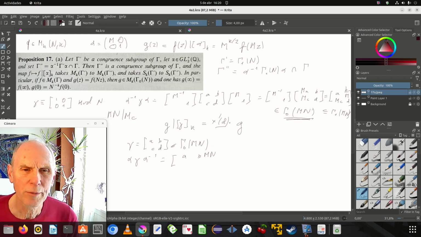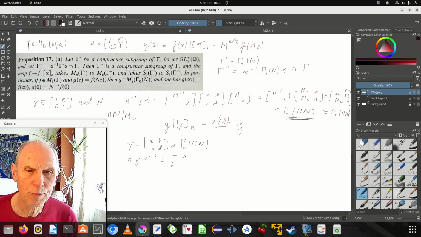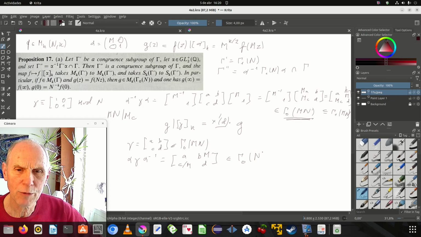Oops, alpha only, it's only m, b divided by bm, c divided by m, d. You see, c divided by m is divisible by n. So it actually lies in gamma naught of n.